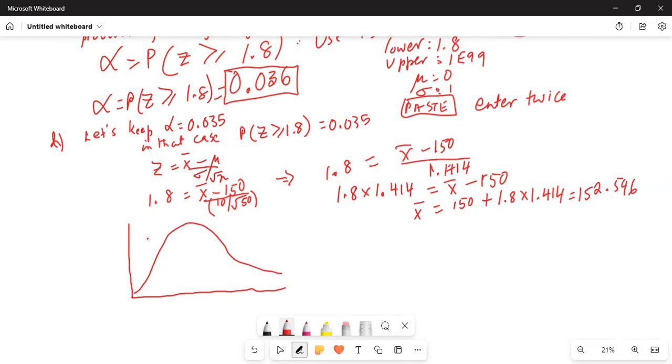So our sample mean came out as X bar, 152.546. This one is the X bar, 152.546. Okay.